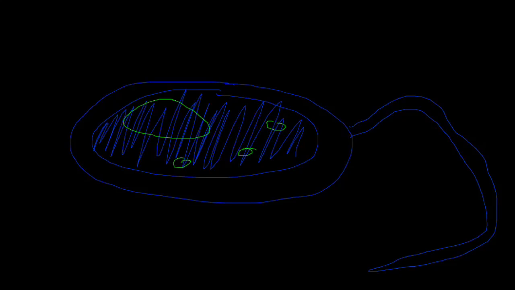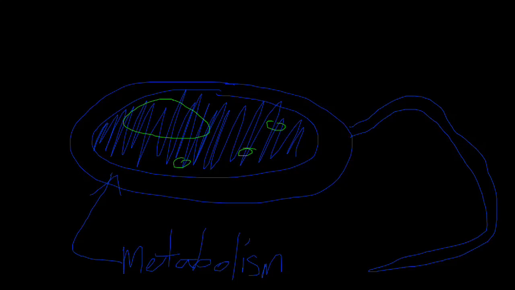Now, at the cell wall is where we are going to find metabolism of nutrients, which is similar to how the mitochondria will metabolize nutrients inside a eukaryotic cell.